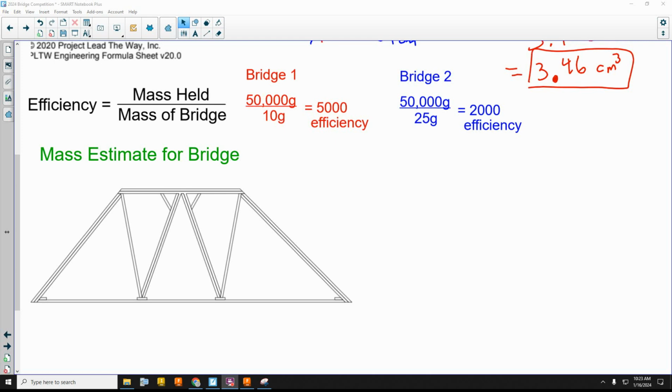So what I need to do is just take a ruler and my drawing and get estimated lengths for all the pieces, because the volume times the density will give me an estimated weight. Okay, so real quick, I need to do some measurements. This is the part that's going to be different for your bridge.